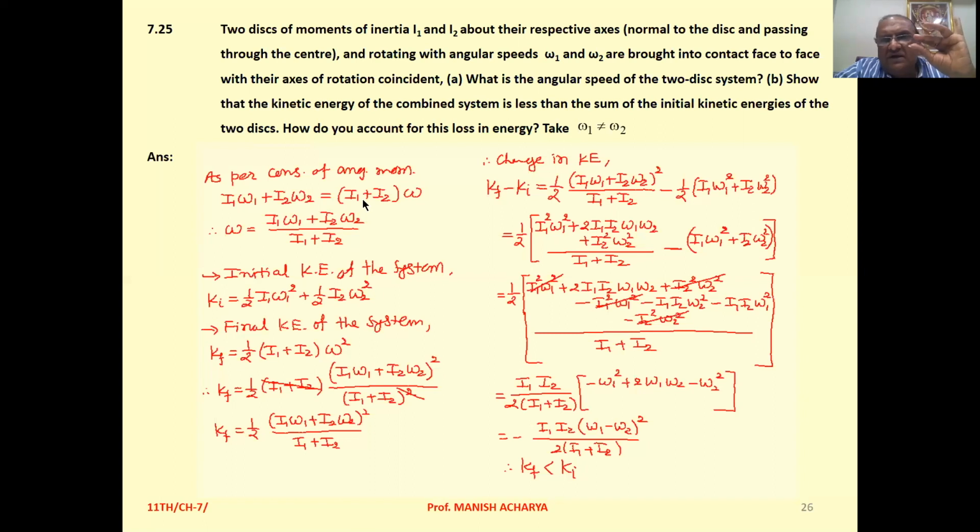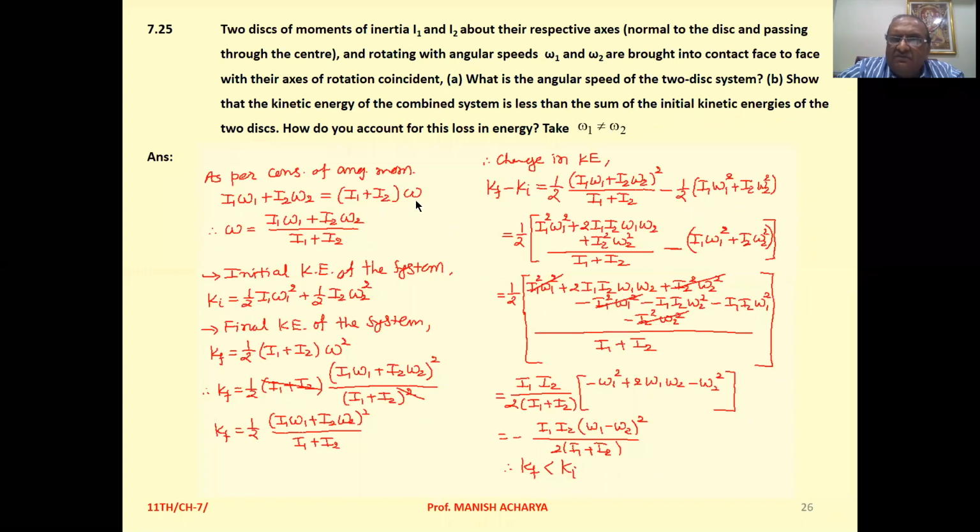So both the disks combine, so total moment of inertia is I1 plus I2. Suppose this combined system rotates with angular speed omega, then I1 plus I2 into omega. So omega is I1 omega 1 plus I2 omega 2 upon I1 plus I2. So question A is solved, angular speed of the two disk system.